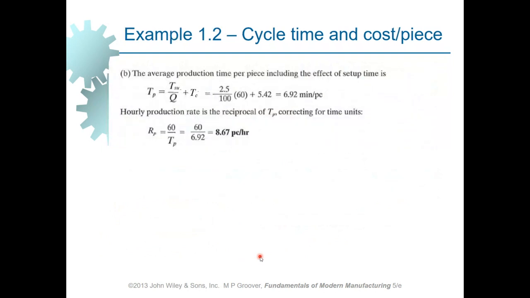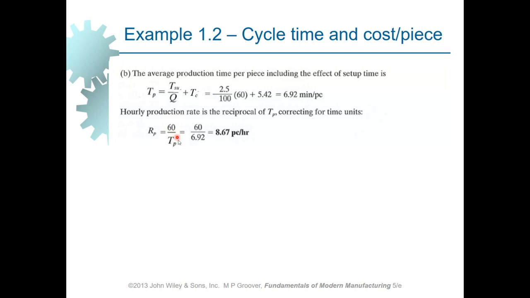Well, moving on, again, we've got to compute the average production time per piece, including the effects of the setup time. In order to compute the production rate, this equation appears on the equation sheet as I explained in the beginning of the session. In this equation, 60 is the number of minutes in 1 hour, and that is used for conversion of the units.